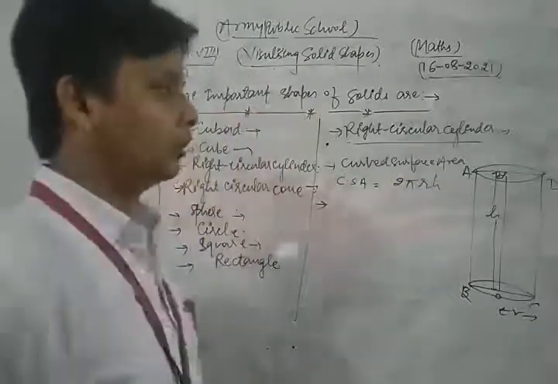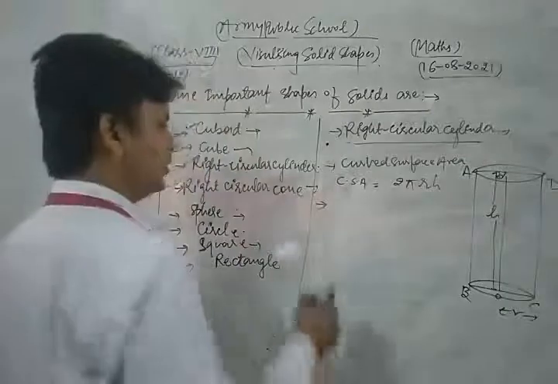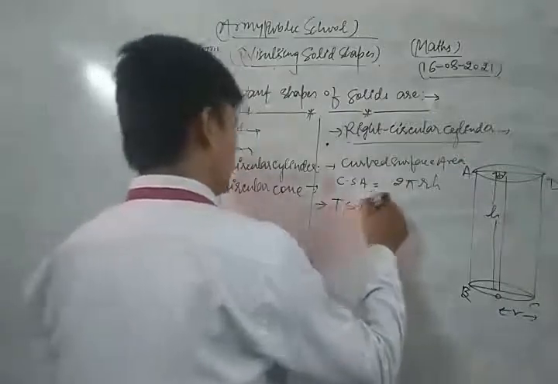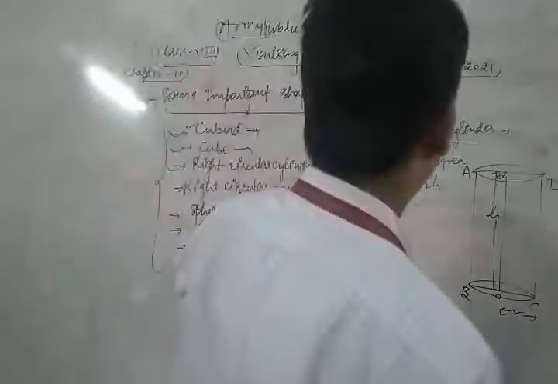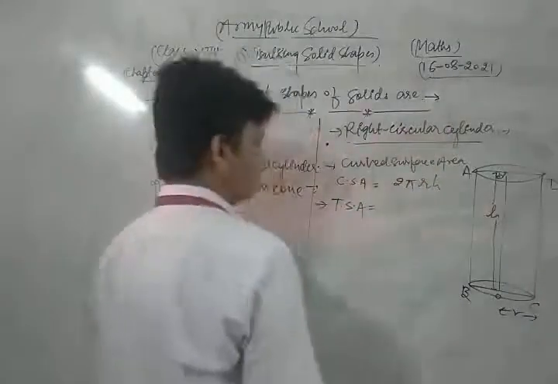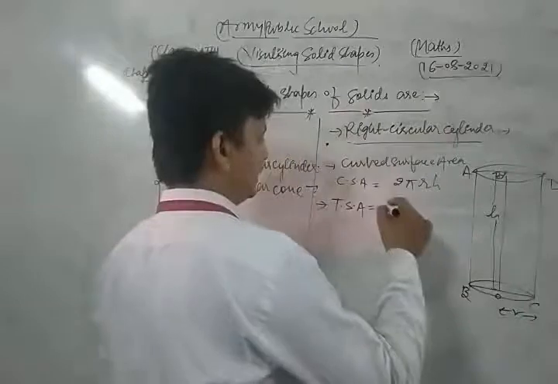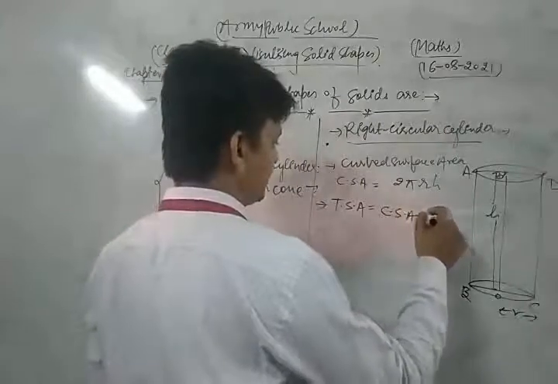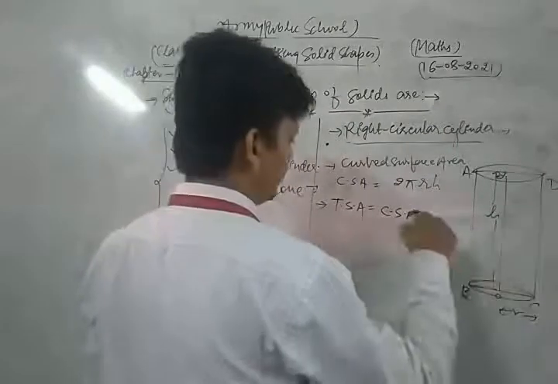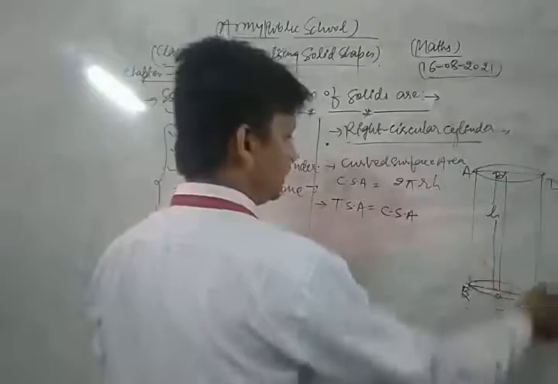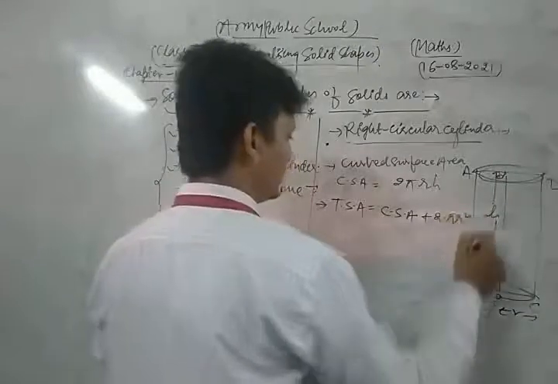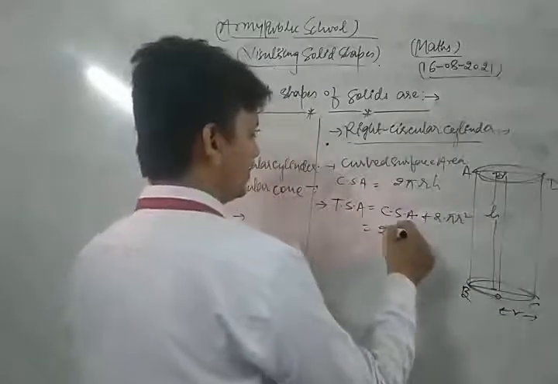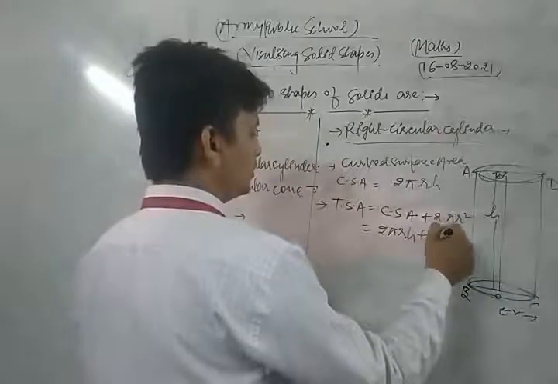Okay. Now what is the total surface area of the cylinder? It is its curved surface area plus the area of its bases. Its base and top are in the form of circles, so 2 circles, so plus 2 times the area of one circle, which is pi r square. CSA is 2 pi r h plus 2 pi r square.